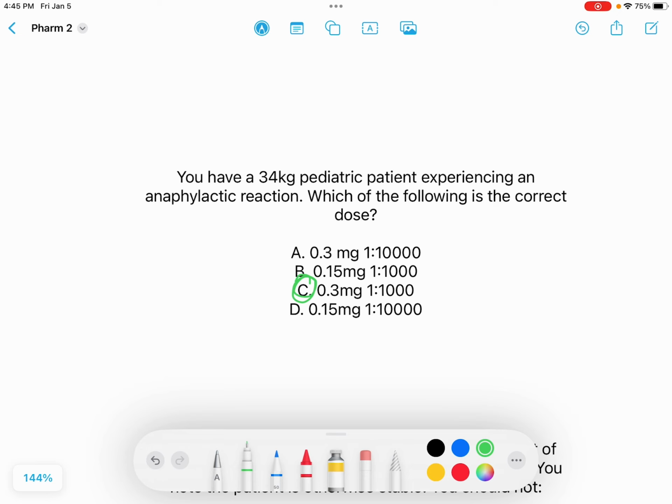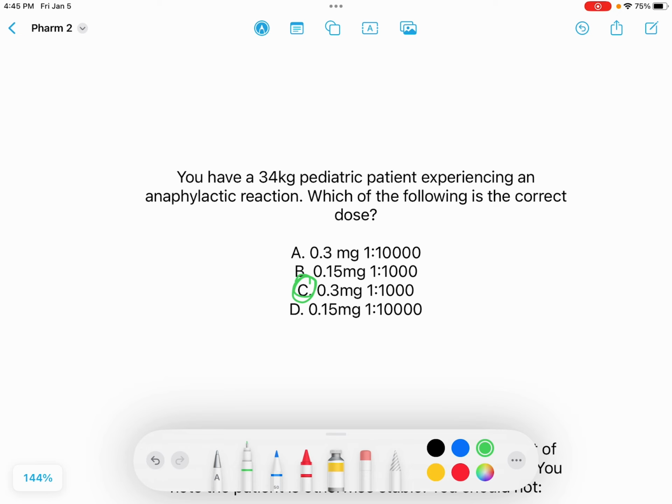Now, the other thing to note about epinephrine for dosing purposes, if we have a pediatric patient, peds, let's talk about peds for a second. If we have a pediatric patient under 30 kilograms, generally speaking, we're going to use the pediatric dosing, which is 0.15 milligrams, 1 to 1,000. You'll sometimes see some protocols write this as 0.01 milligrams per kilogram, adding even more math into the mix.